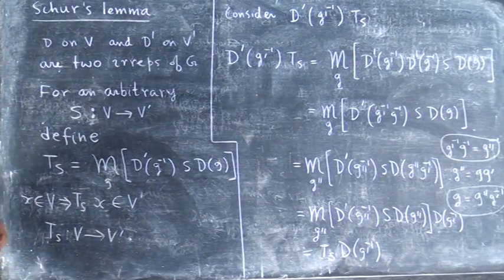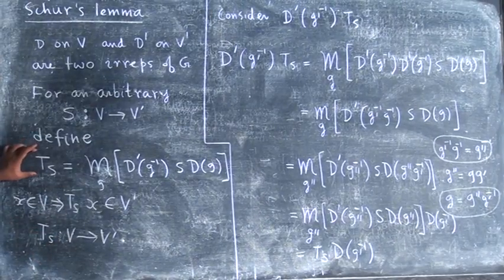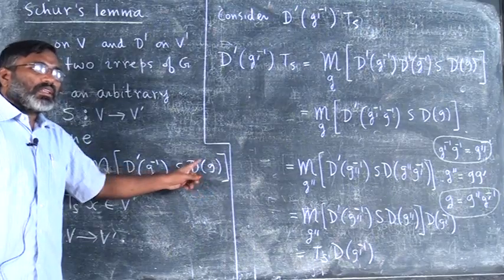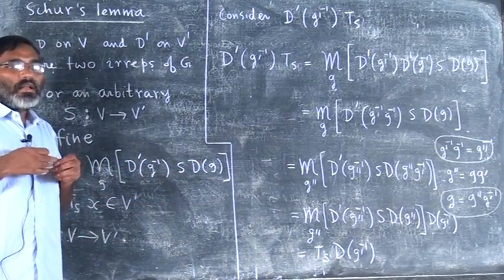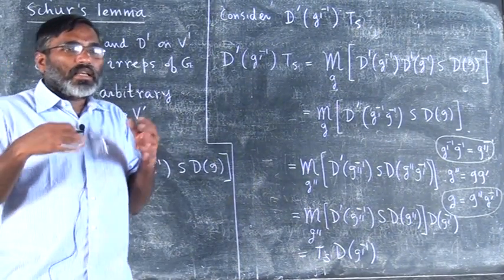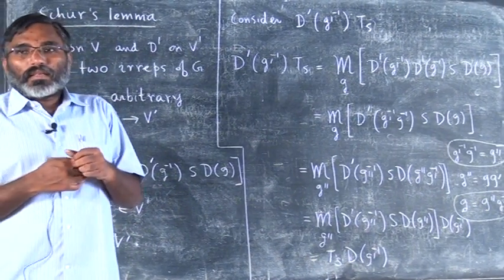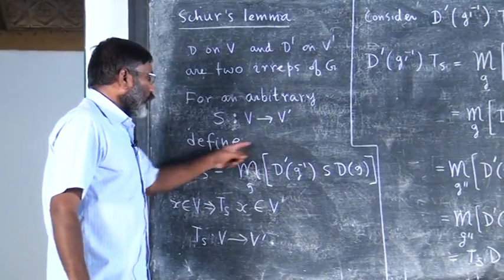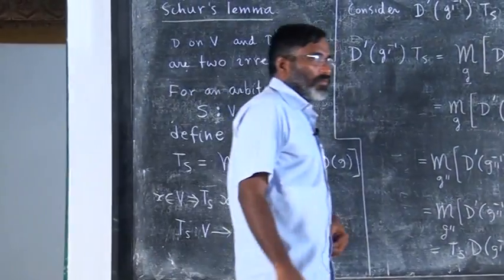I showed that a map from V to V prime defined in this fashion using the two irreducible representations intertwines this. In Schur's lemma, I have considered a map that intertwines. Here I have constructed an intertwining map. Correct? So this map TS defined in this way intertwines these two irreducible representations.